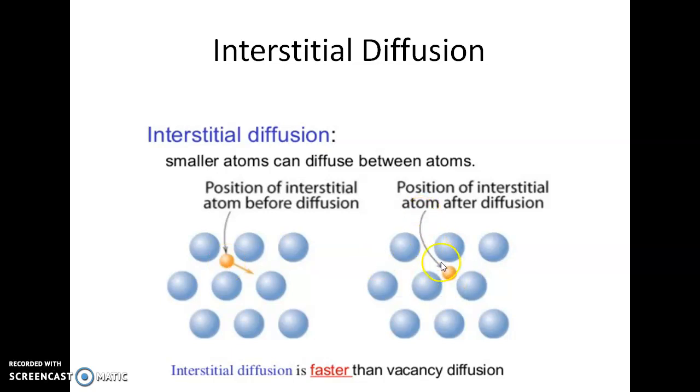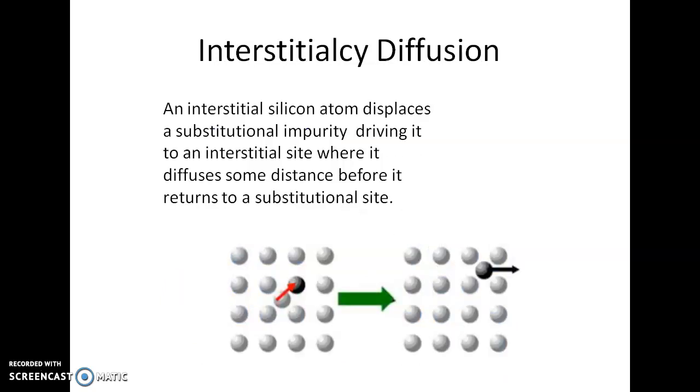After diffusion, it is in some other place. Interstitial diffusion is relatively faster than the previous one. In substitutional diffusion a vacancy should be there, so the atom needs to wait for a vacancy. Here it is free to move because a lot of interstitial spaces are present in the crystal lattice.